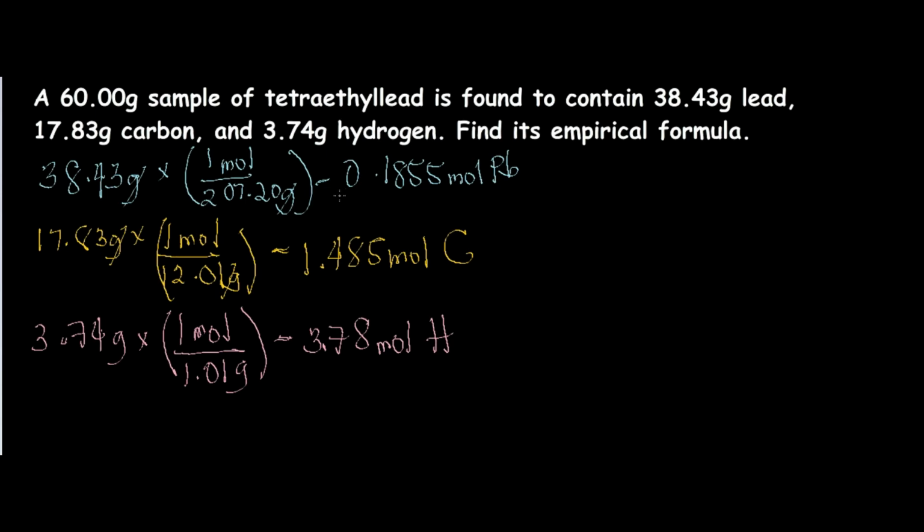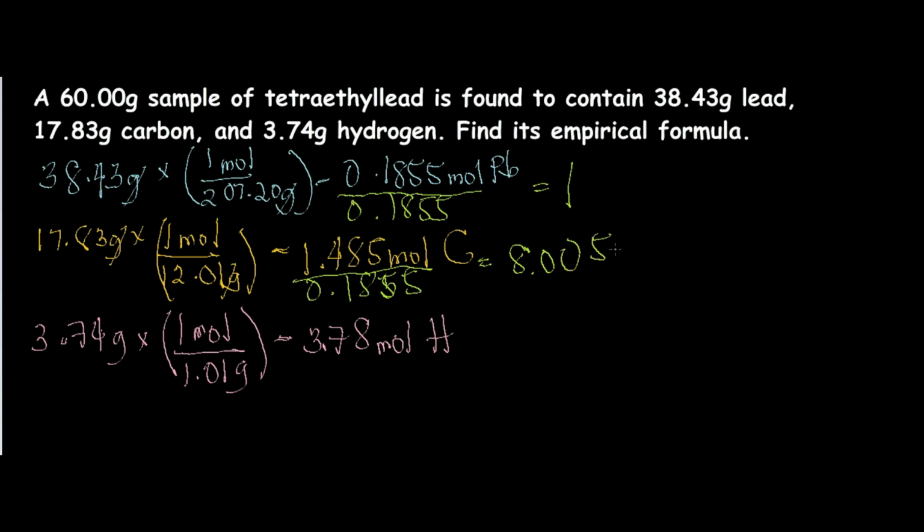So we have 0.1855 moles. So 0.1855 mole divided by itself, we will have 1. And 1.485 divided by 0.1855, we will have 8.005 mole of carbon.